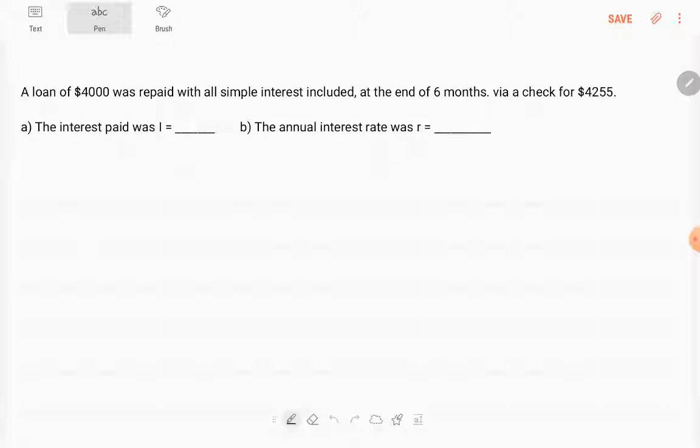Okay, so the loan is $4,000, with all simple interest, and it was repaid by a check for $4,250. So the difference between the $4,250 and the 4,000, we take the difference.